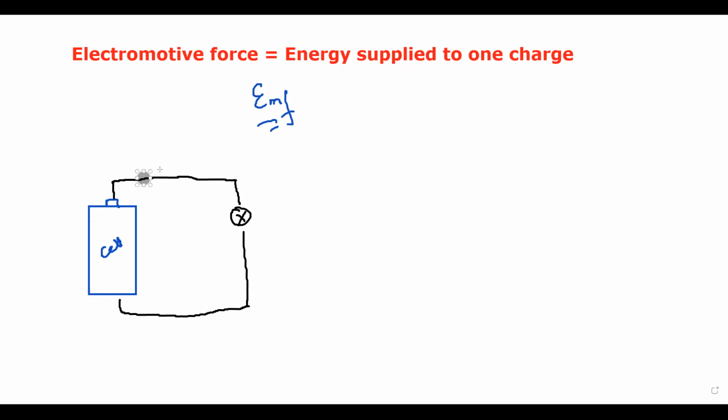Example, 5 charges are there, 1, 2, 3, 4 and 5, and the total energy carried by the 5 charges, for example, is equal to 20 joules. So 20 joules is the total energy which they carry, and there are 5 charges.